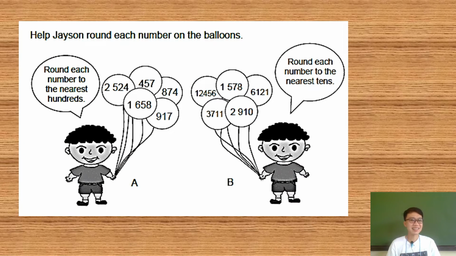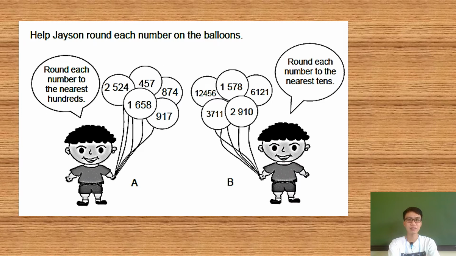Now kids, let's help Jason round each number on the balloons. For set A, round each number to the nearest hundreds. These are the numbers: 2,524, 456, 874, 1,658, and 917.